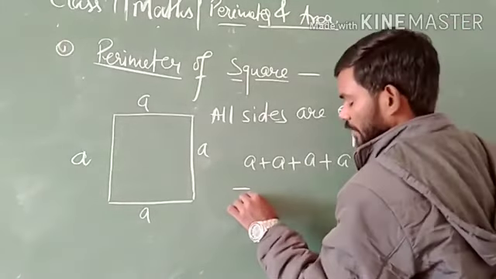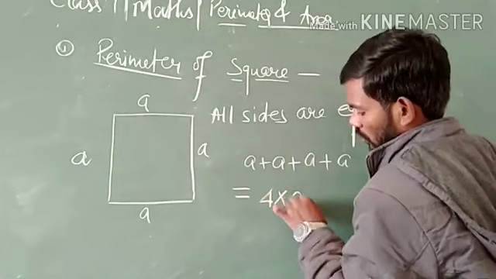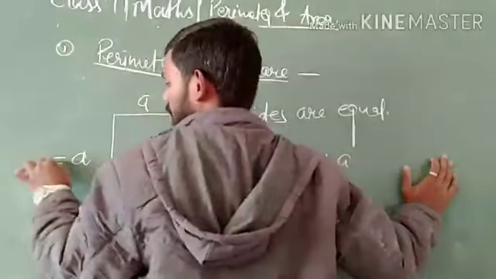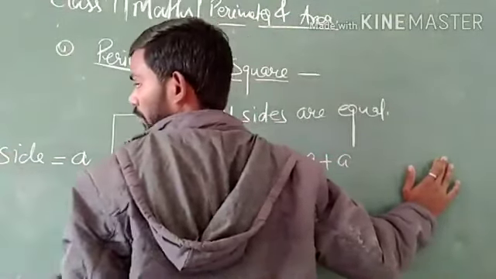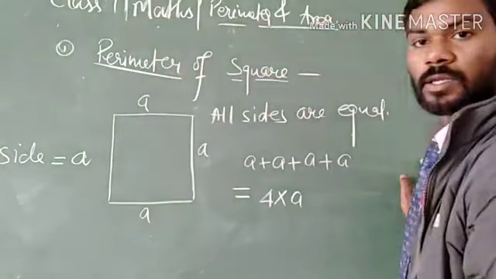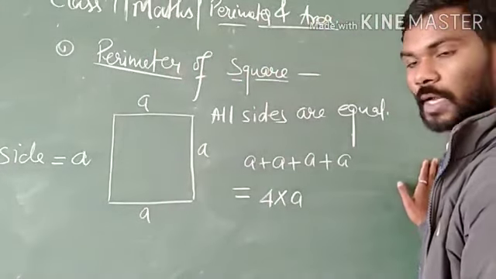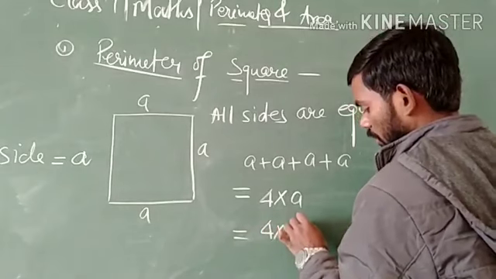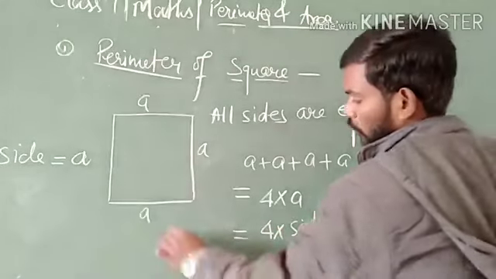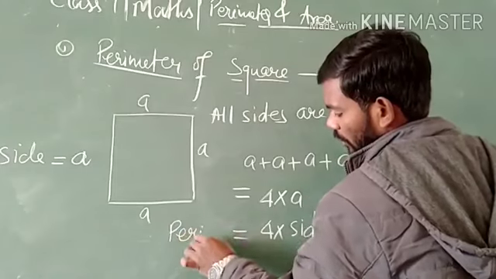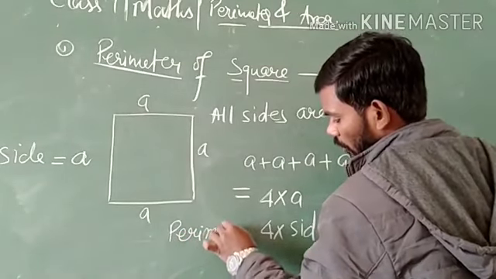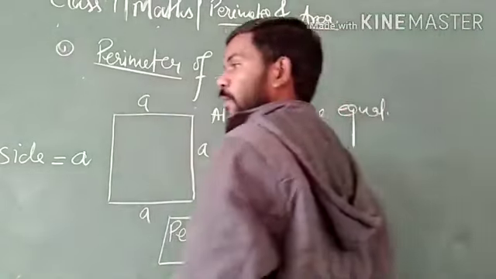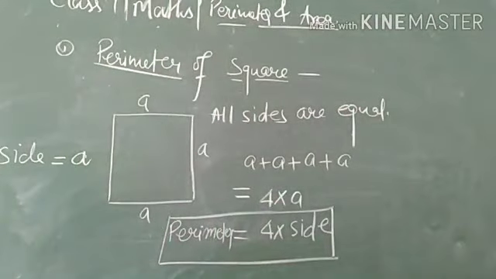So it can also be written as 4 into a. What is a? You will say a is the side of the square. So it can be written as 4 multiplied by side. So 4 into side will give us the perimeter of a square. 4 into side is the perimeter of a square.